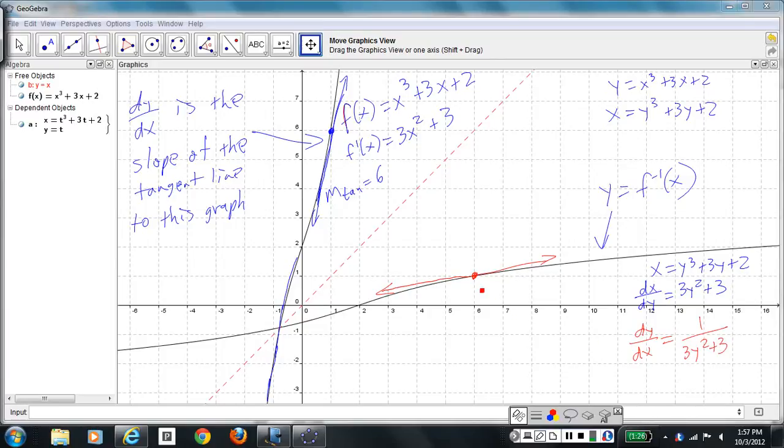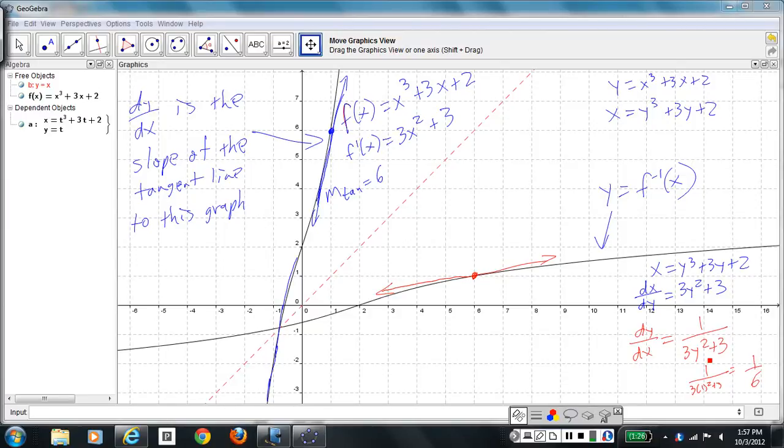So if I take the y-coordinate, which is 1, and plug it in for y, I get 3 times 1 squared plus 3, that's 1/6.